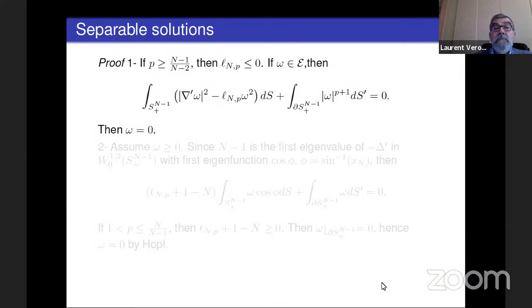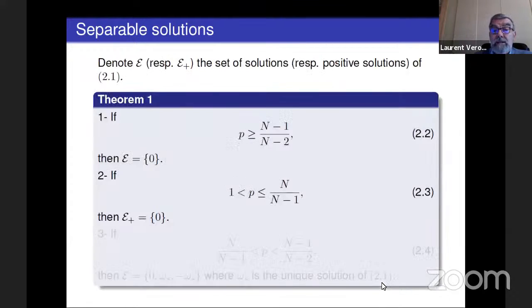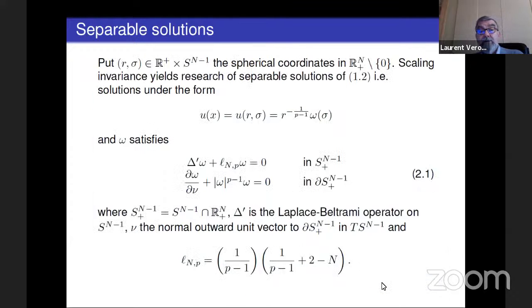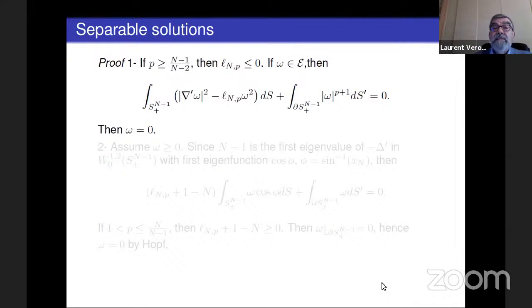If p is bigger or equal to (n-1)/(n-2), then the constant l(p,n), which is here, is negative. Now you take a solution, you multiply by omega, and then of course on omega is okay. So there is no problem in this sense.